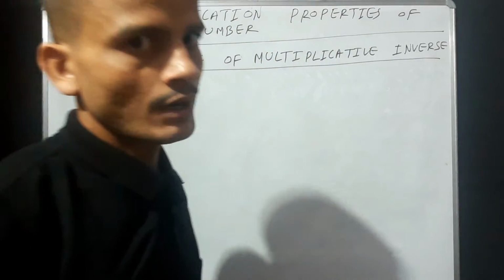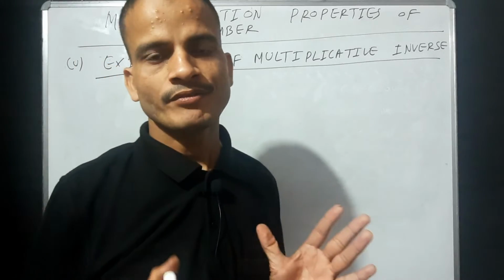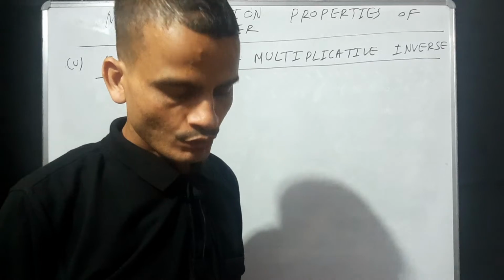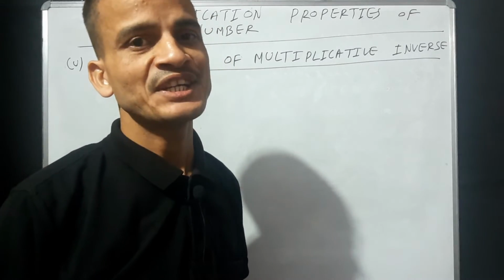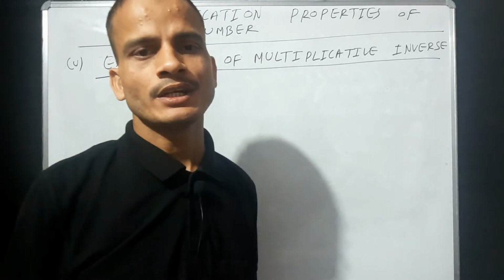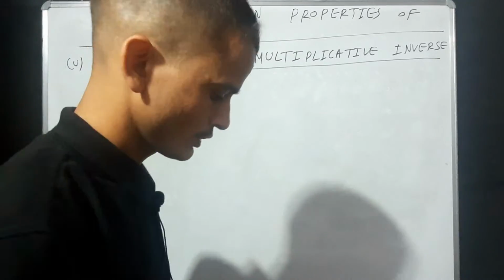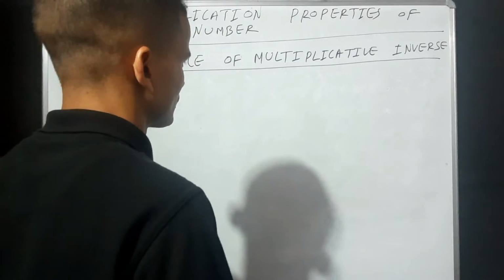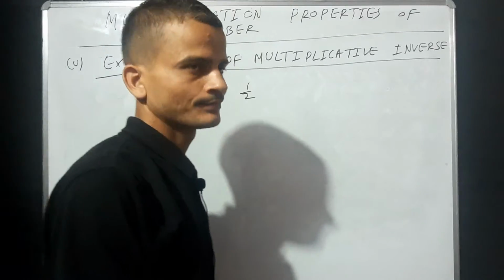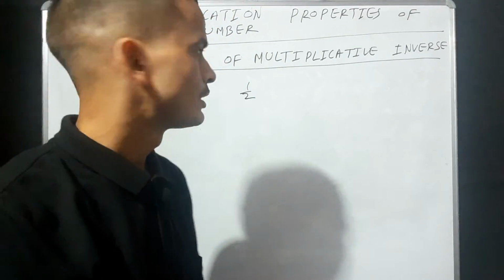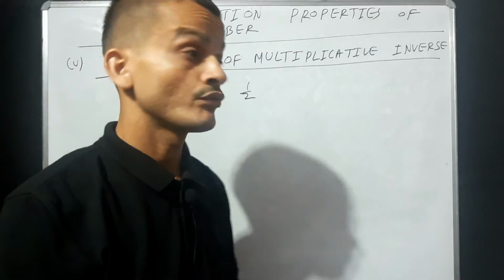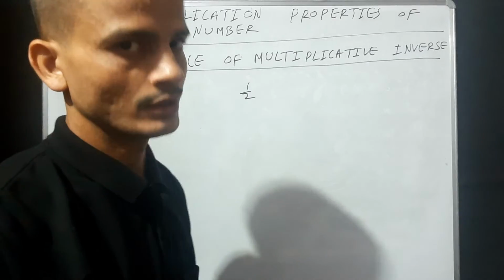If you want to know the multiplicative inverse of any real number, this is the rule: what we multiply with the real number, the result we get is 1. Think about it. 1 by 2 is a real number, so what we multiply with 1 by 2 to get the result 1?